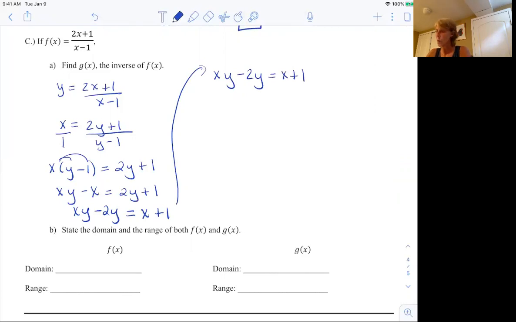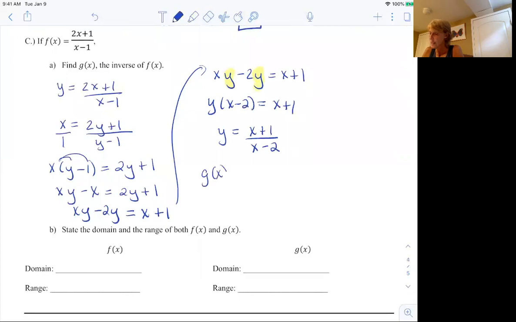Now, since I have a y in each term, now I can factor out the y. And my last step would be dividing through and getting y by itself. This function is our g of x function, right, which is the inverse of f of x.